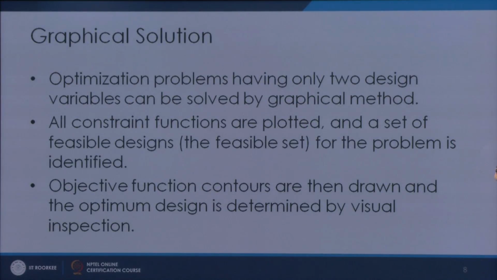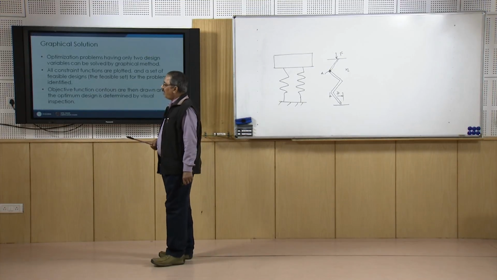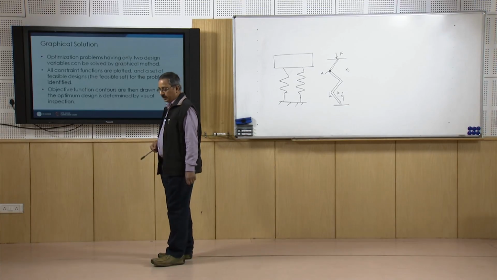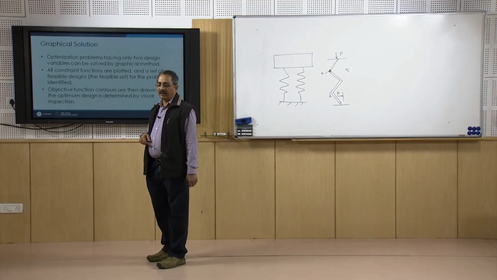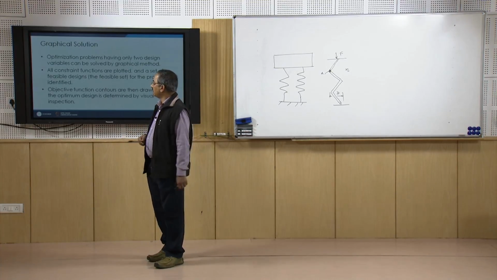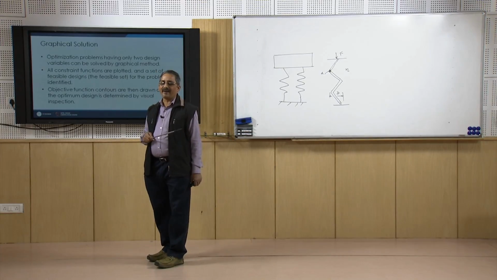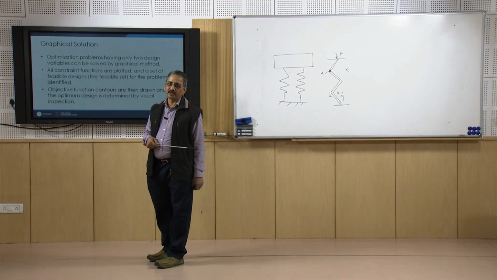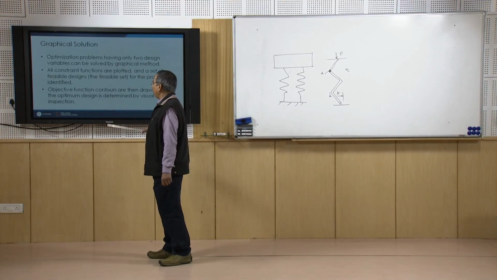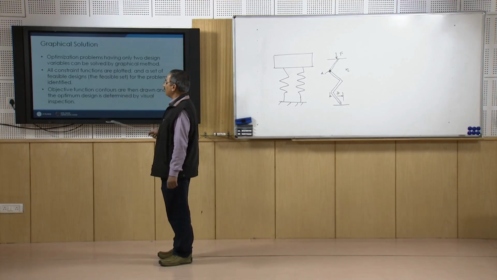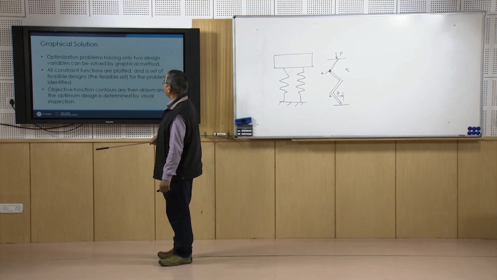Now, one of the earlier ways of finding the optimal solution has been the graphical solution. Although with the invention and popularization of computers, this method has become obsolete, since it is a graphical technique, it aids our understanding of how we can find the optimal solution. Okay. So, just for you to understand, I have included this method and I will be explaining it by taking a simple example.